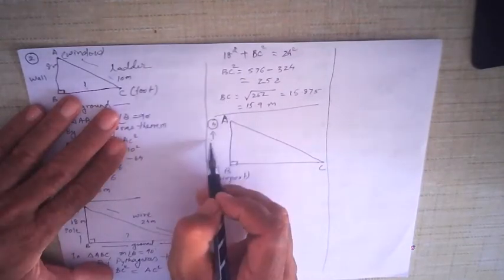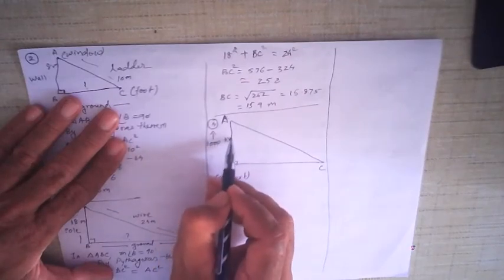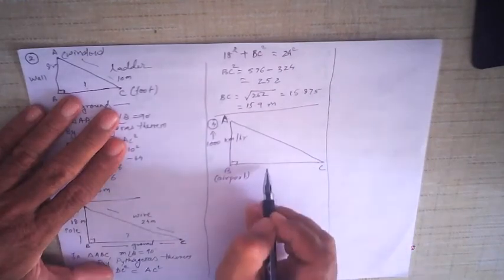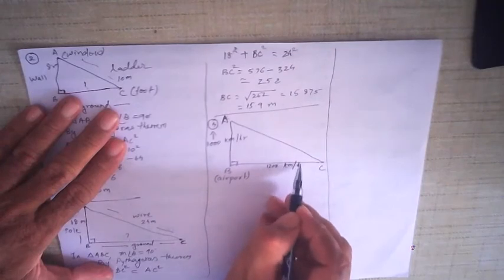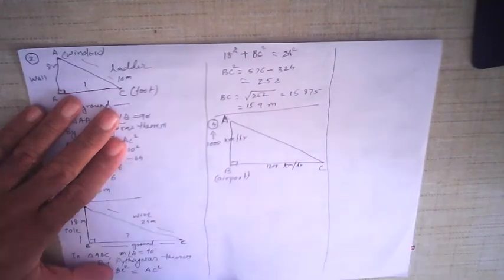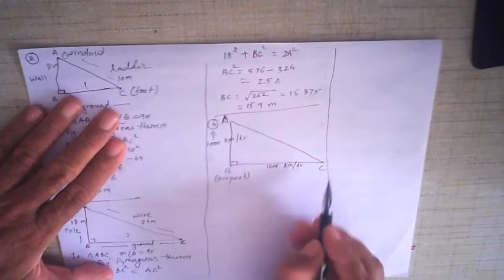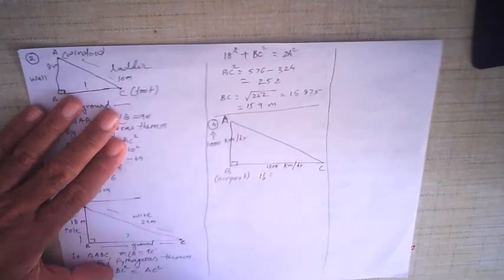One is traveling at 1000 kilometers per hour, the other at 1200 kilometers per hour. Now this is the airport, one traveling north, one traveling this way. After 1.5 hours, how much distance?